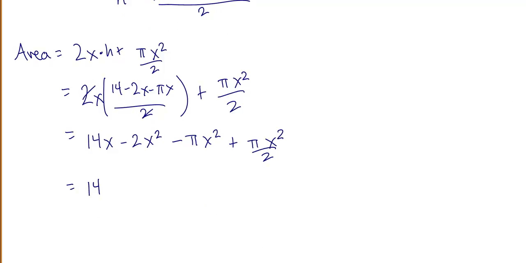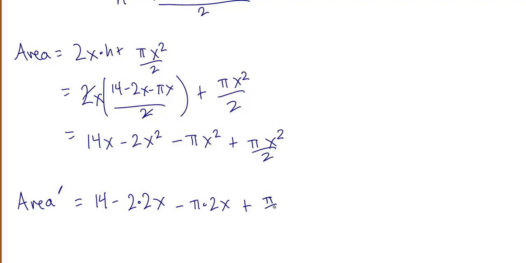Now at this point I probably will go ahead, actually I think that will make it more difficult for you. Let's take the derivative before we simplify more. So the area prime, take the derivative, is going to be 14 minus 2 times 2x, minus pi times 2x plus pi over 2 times 2x, since the derivative of x squared is 2x.